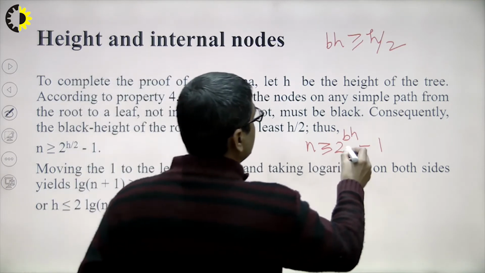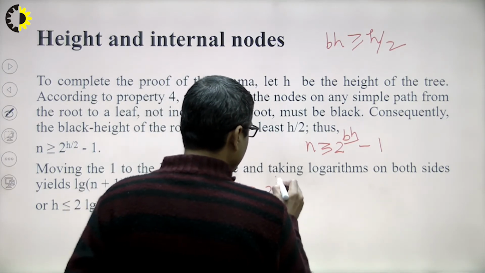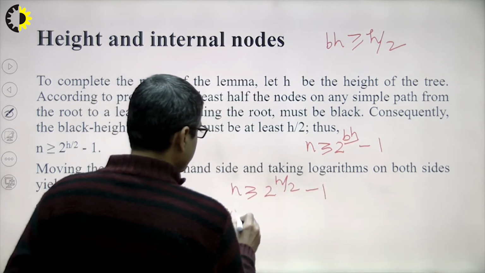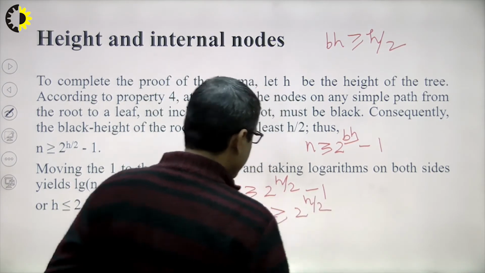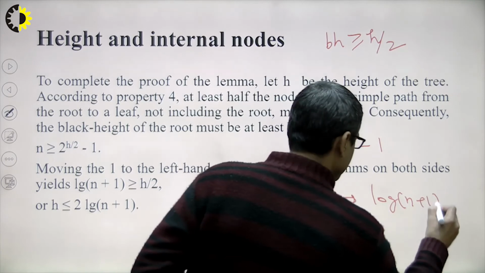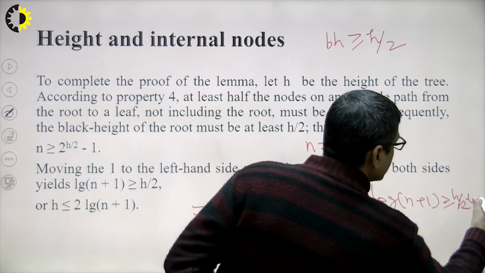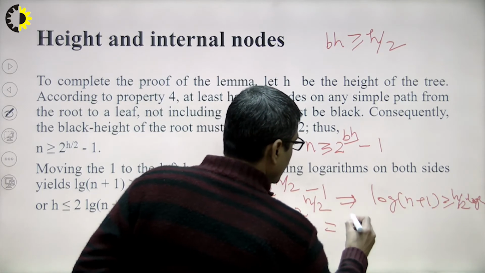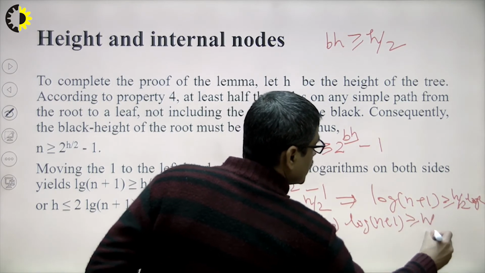We have to put this value over here. What are we getting? n is greater than or equal to 2 to the power h by 2 minus 1. Then n plus 1 is greater than or equal to 2 to the power h by 2. Take log on both sides. Log of n plus 1 is greater than or equal to h by 2 log 2, so log of n plus 1 is greater than or equal to h by 2.